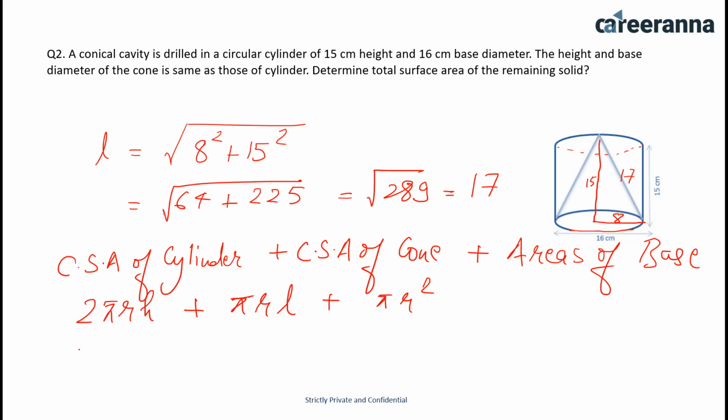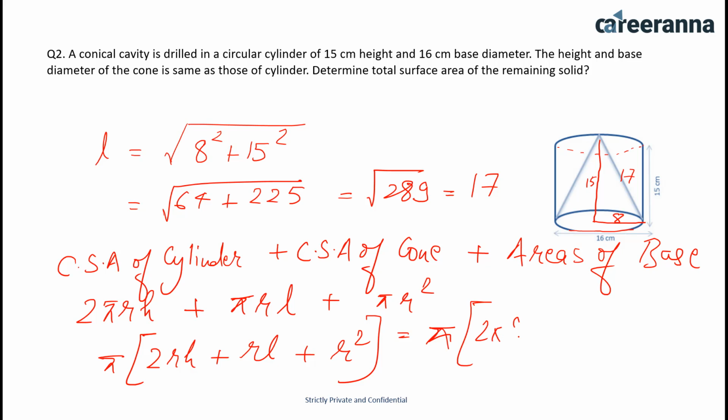Now I need to solve this value. So pi is common. 2 into r into h plus r into L plus r square. This value will become pi times 2 into r into h, which is 15, plus r into L, which is 8 into 17, plus r square, which is 8 into 8.